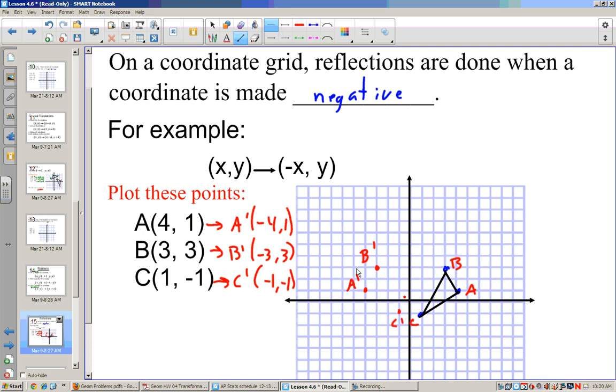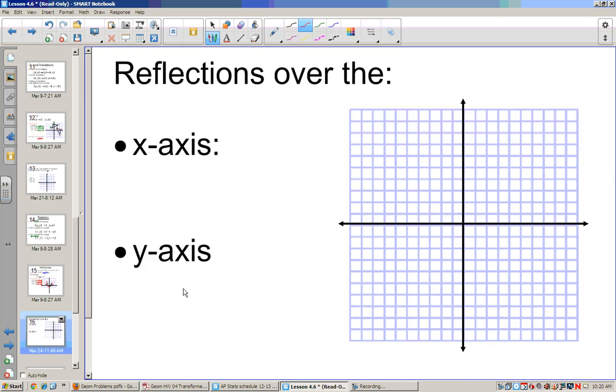So now if we graph this, we'll see that this is a reflection of our pre-image, and it's going to reflect over the y-axis. So if the x is negative, it reflects over the y-axis, and if the y is negative, it's going to reflect over the x-axis. So these are the rules for reflections over axes.